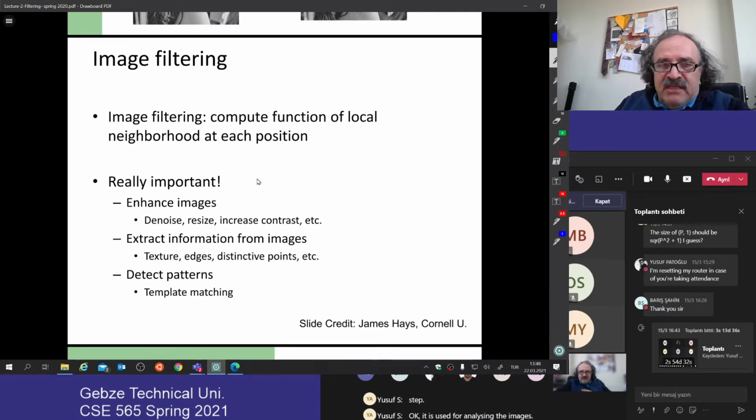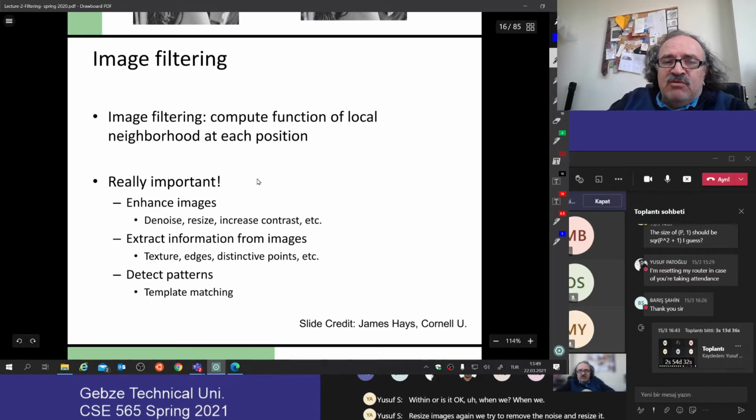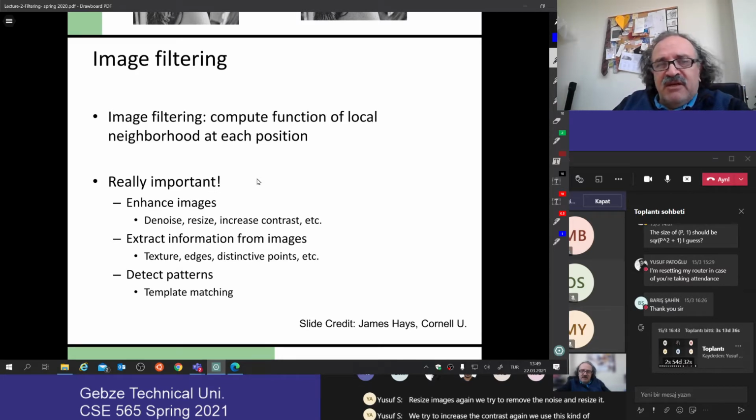We denoise; when we resize the images, again we try to remove the noise and resize. We also try to increase the contrast. Again we use this kind of filtering, because when you increase the contrast, you don't want to amplify the noise.